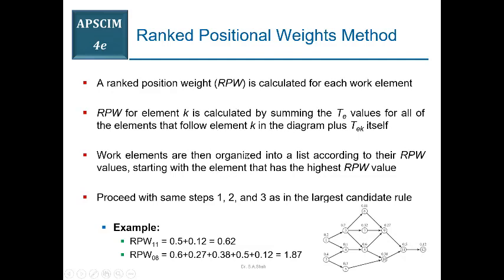If you compare all the three algorithms, largest candidate rule, Kilbridge and Western method, or this one, rank positional weight method, RPWO method इसे कहते हैं, ठीक है ना. लार्जेस्ट कैंडिडेट रूल को LCR मेथड कहते हैं, और किलब्रिज और वेस्टर मेथड को KW मेथड कहा जाता है. So rank positional weight method में basically we calculate the rank value of each element.